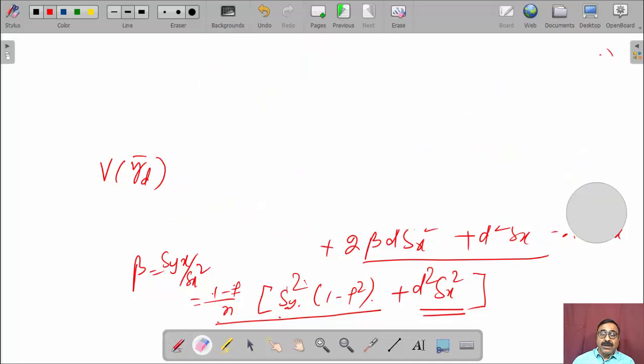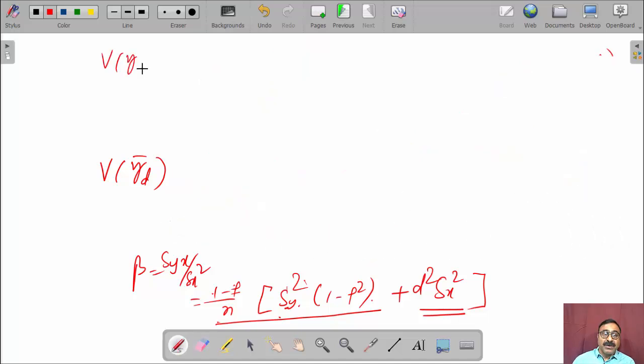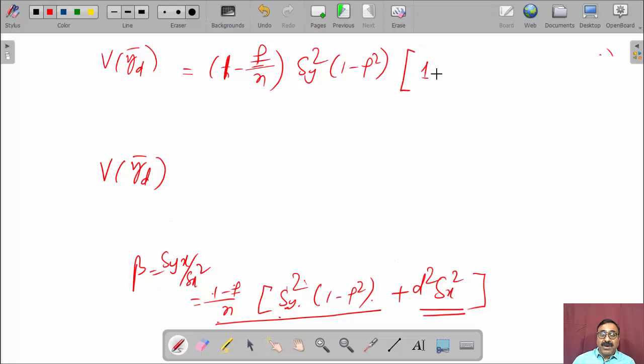So now the variance of yd bar will be equal to (1 − f)/n into sy²(1 − ρ²), taking common, this will be 1 plus d² sx² by sy² into (1 − ρ²).